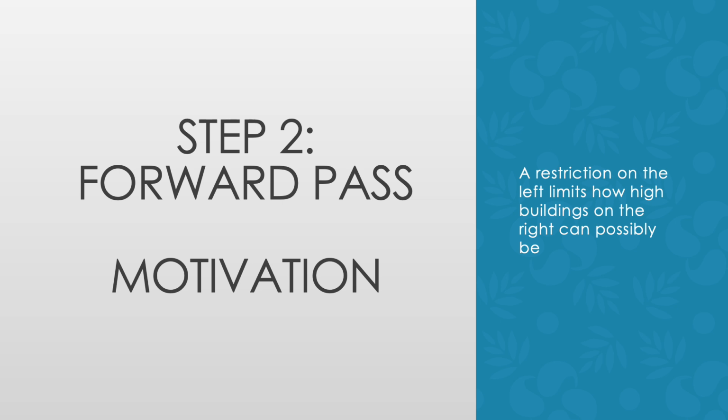Okay, now we come to the forward pass, which is step 2. What's the motivation? We know that our boundaries affect each other, restrictions affect each other, and here we'll see how each restriction affects the other restriction. So we are going to move forward.